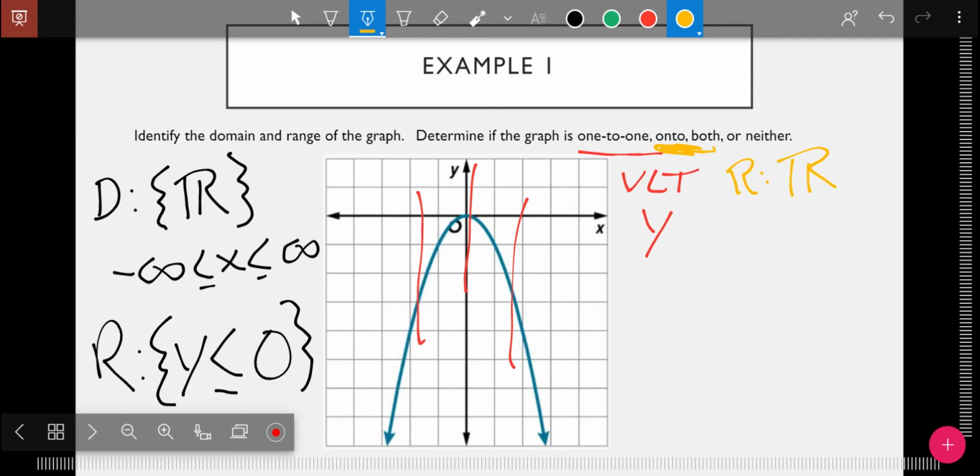The domain over here was all reals. The range, though, wasn't. So for us, it is not onto. And therefore, it's not both. And it is 1-to-1, so it's not neither. It is, however, 1-to-1.